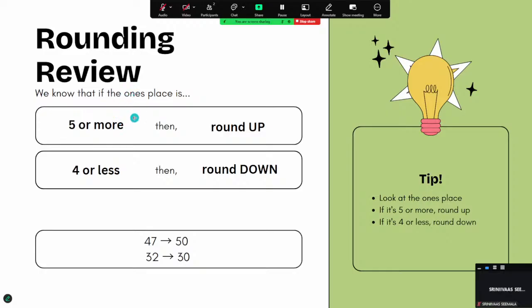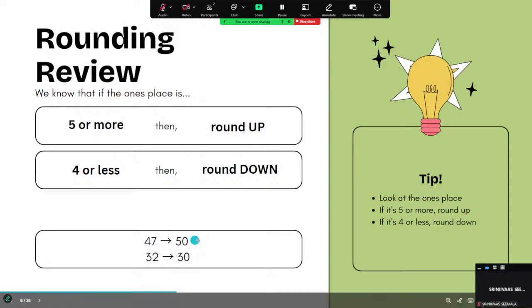If you're rounding to the nearest hundreds place, you look at the tens place. If the number there is 5 or more, you round up to the next biggest 10. If it's 4 or less, you round down, and that place value stays the same.